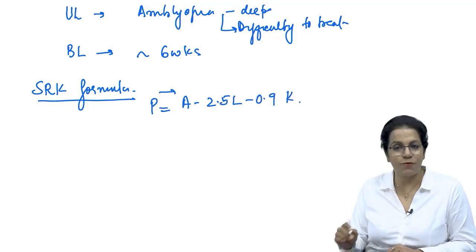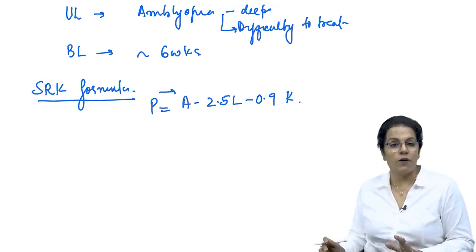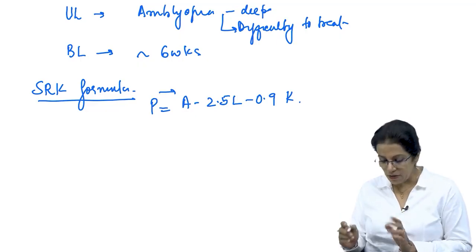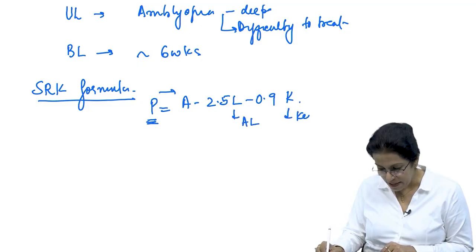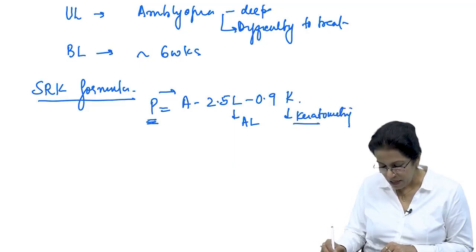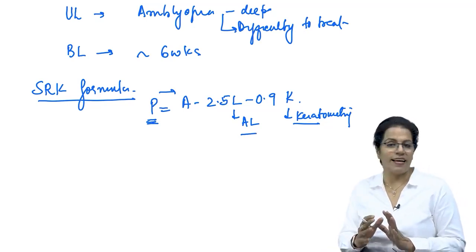I am going to talk more in detail further. L is the axial length and K is the keratometry reading, which is the corneal curvature reading. So we are measuring the curvature of the cornea, taking the axial length of the eyeball, and then accordingly calculating the power.